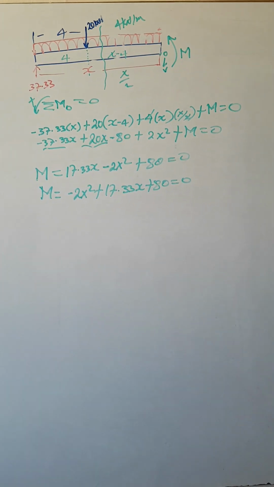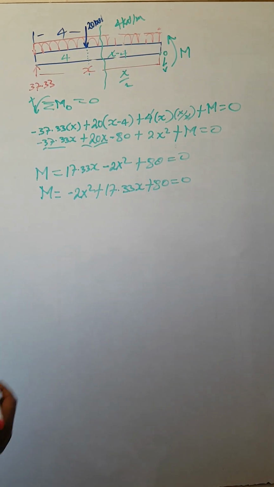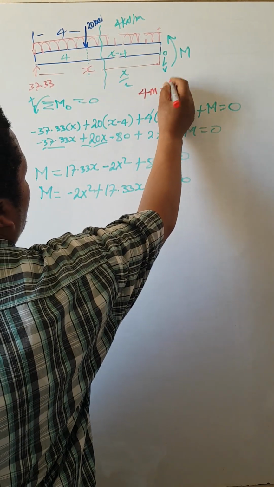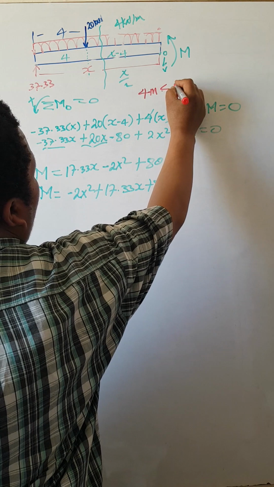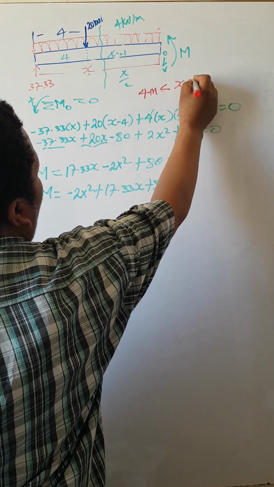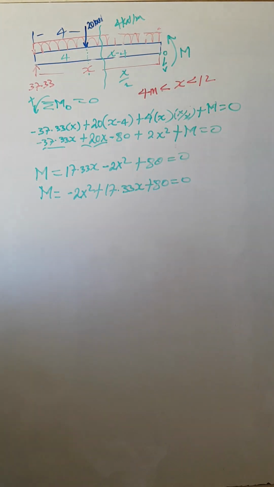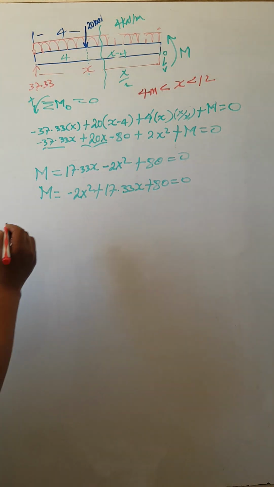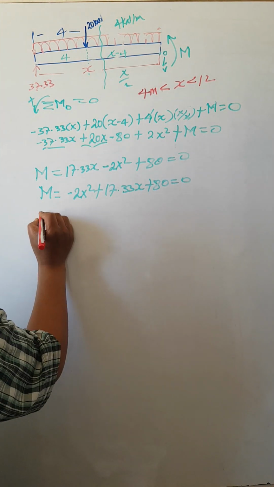Where does this point range from? x is varying between 4 meter and 12 meter, the section from 4 to 12 meter, so we use this to find the moment there. Let's see how the moment varies. The start is 4 meter.